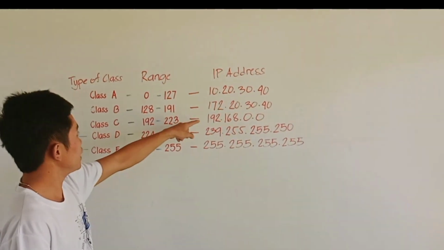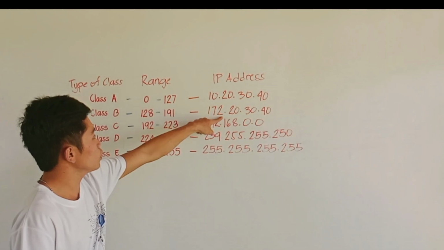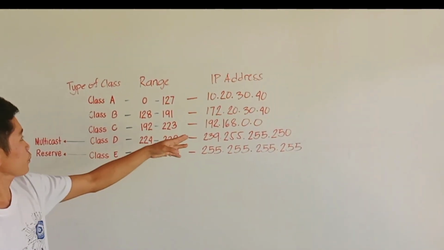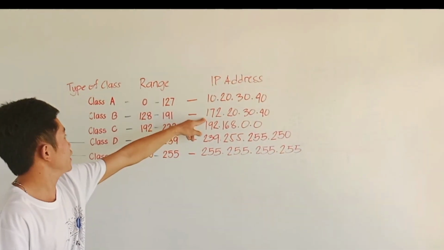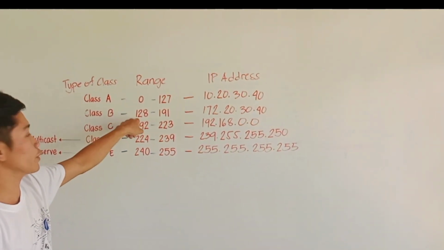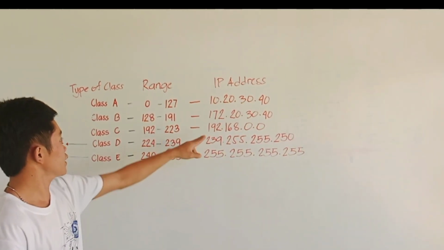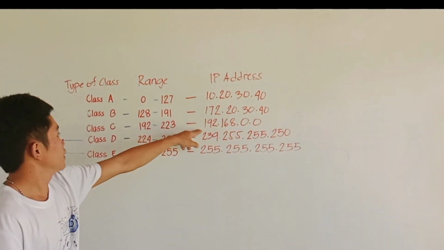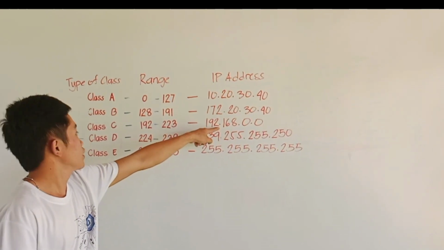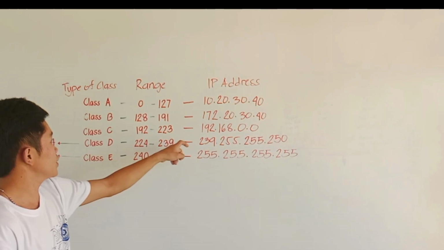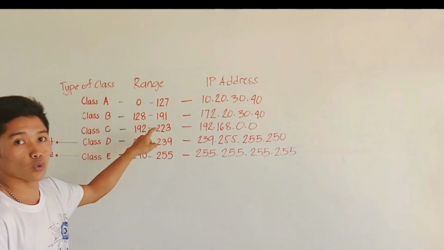Then class B, 172 as the first octet. We can determine that this IP address belongs to class B, because the range of class B is 128 to 181. The next is class C, 192. This IP address belongs to class C because it is in the range 182 to 223.